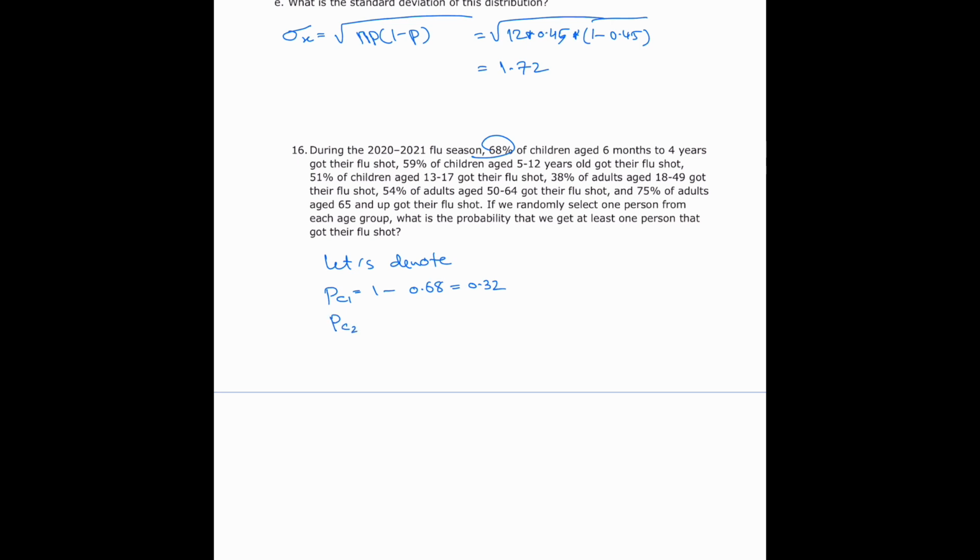Let's say PC2 is the probability that a child aged 5 to 12 years old didn't get their flu shot, which means 1 minus 0.59, and this is going to be equal to 0.41. Let's say PC3 is the probability that a child aged 13 to 17 years old didn't get their flu shot, which means 1 minus the probability that they got it, 0.51, and this is going to give me 0.49.